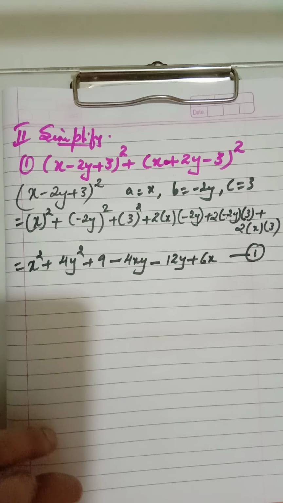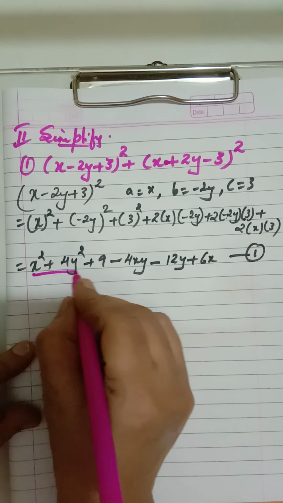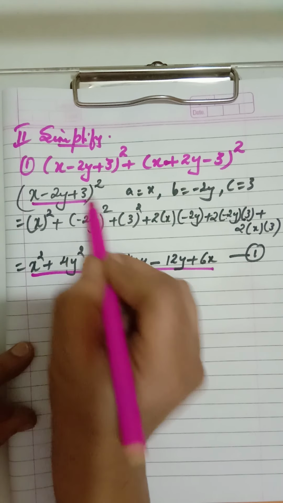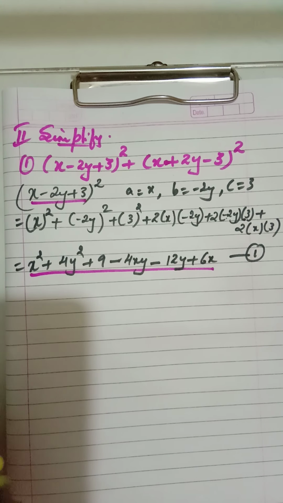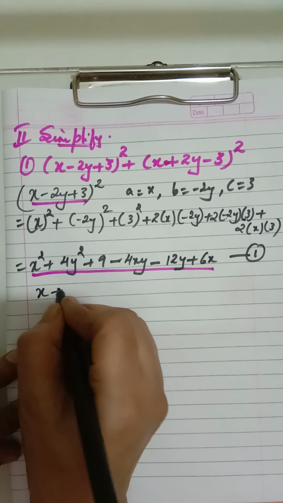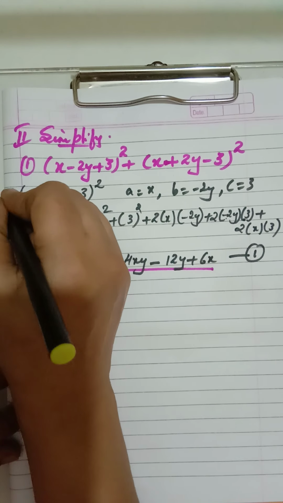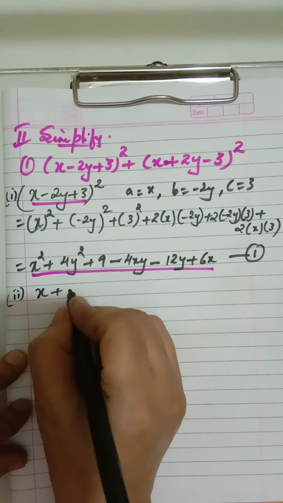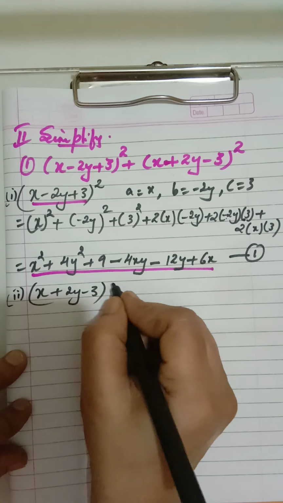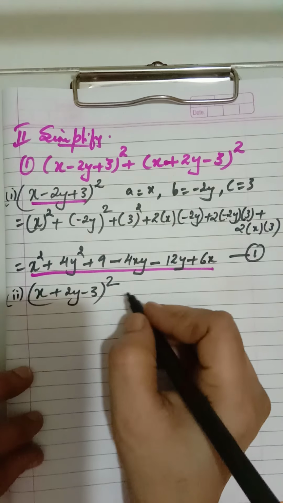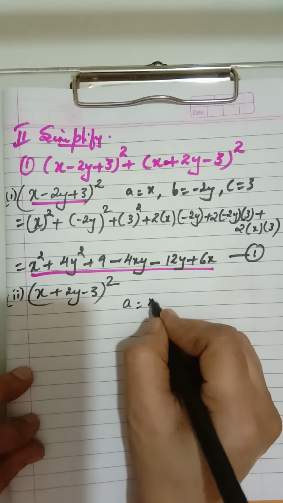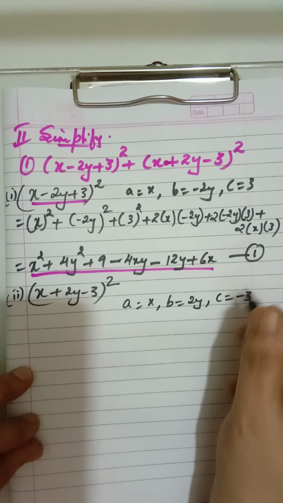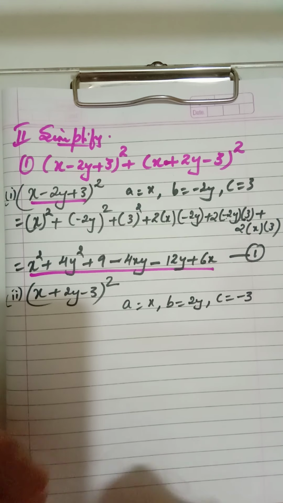Now let us take the second term, (x + 2y − 3)². So here a is equal to x, b is equal to 2y and c is equal to −3. Now let us do the expansion.